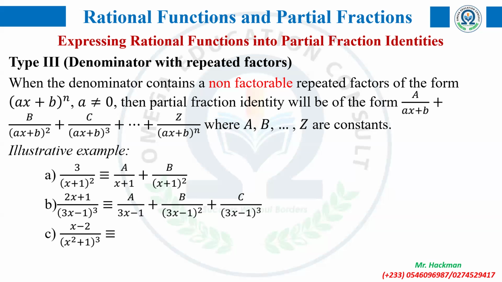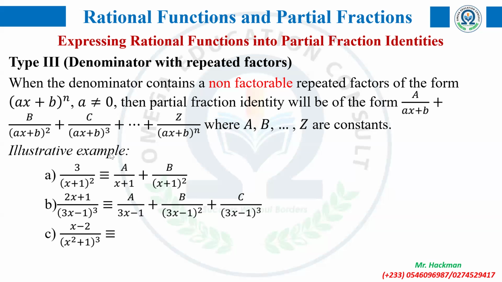Type 2, we looked at a situation where we have quadratic factors, whether the quadratic factor is factorable or not. If it is factorable, then it will take us back to type 1. But if it's not factorable, then each fraction's denominator will be quadratic, but the numerator will be linear. So today we are going to look at type 3, which is a situation where you have your denominator with repeated factors.